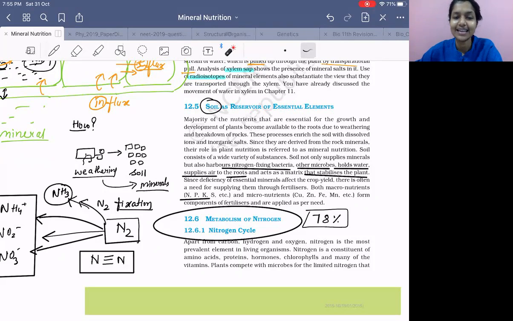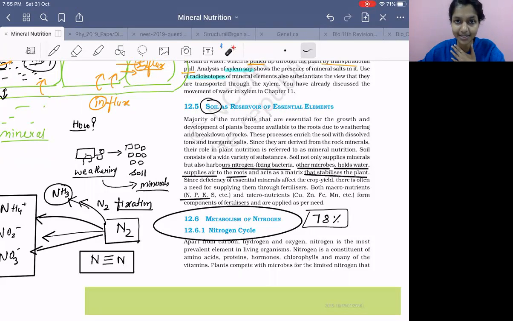You know it, like the carbon cycle, phosphorus cycle, nitrogen cycle. We have a lot of species, a lot of microbes, plants, animals, all of them help in maintaining this cycle. For example, I have nitrogen, I die, nitrogen goes into the soil. Again, plants obtain the nitrogen from the soil.